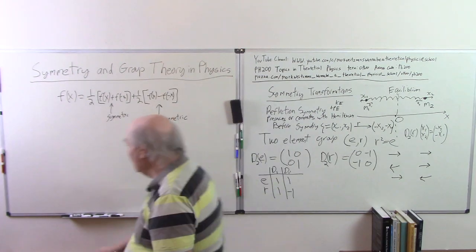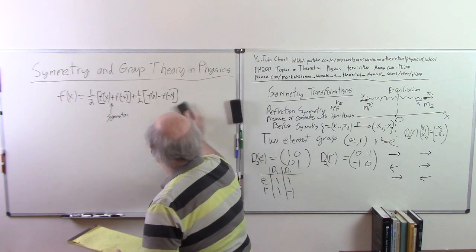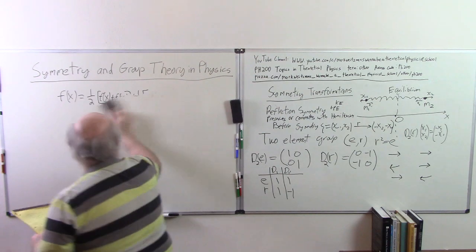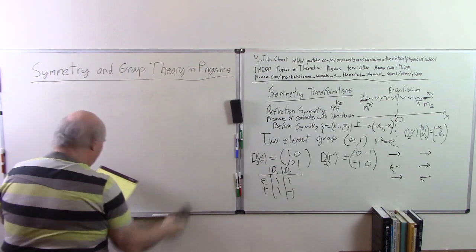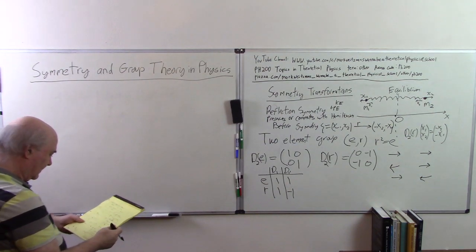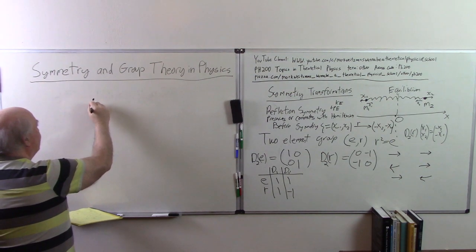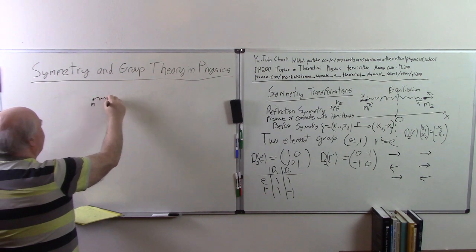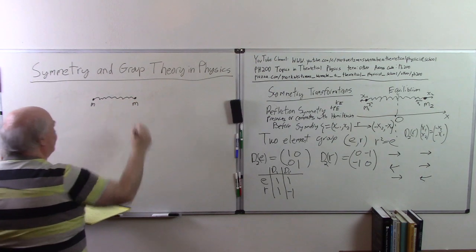Right now, I want to go from this simple one-dimensional example to a two-dimensional example. So let's say we have the same thing again. We have a mass M on a spring, and this is the equilibrium position.